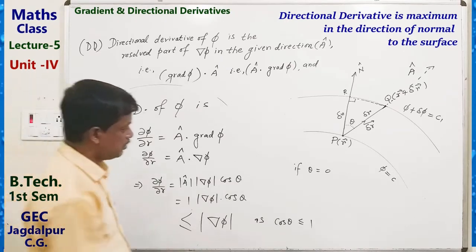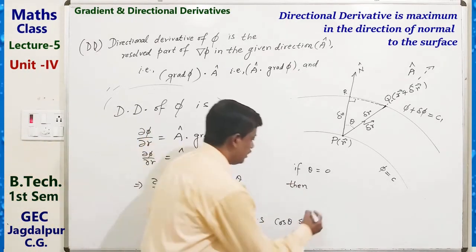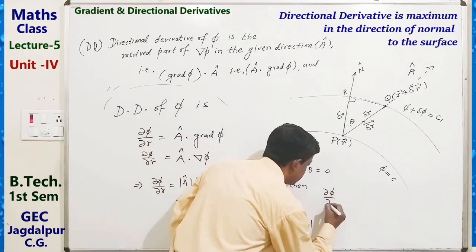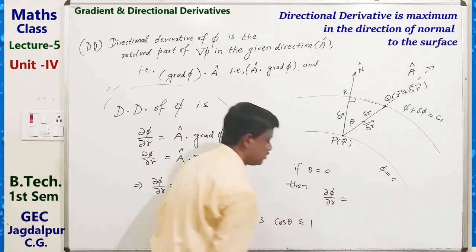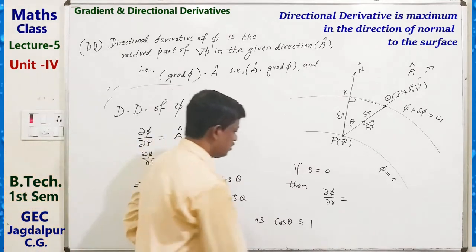Okay, so if theta equals 0, then del phi by del r equals what? Mod del phi.